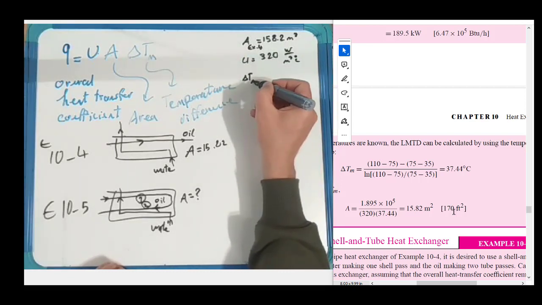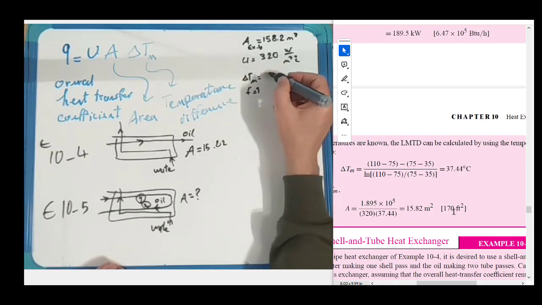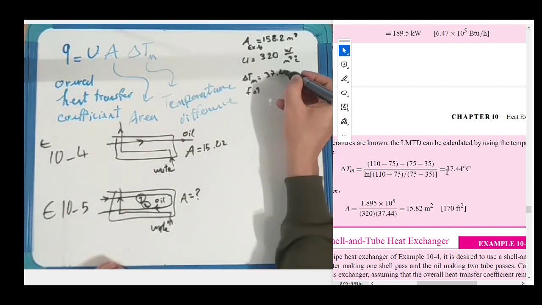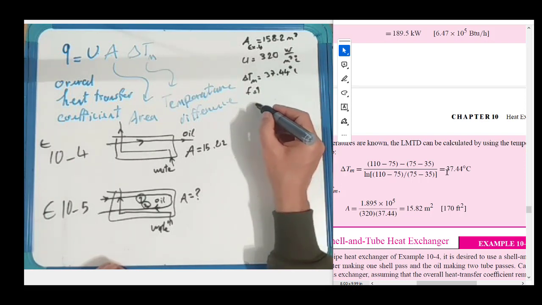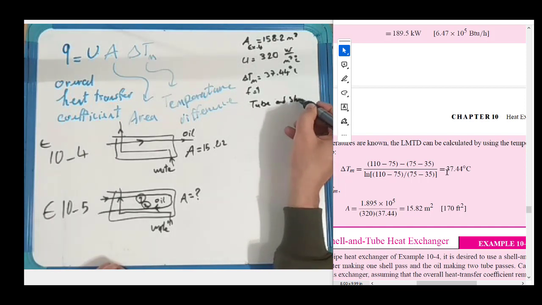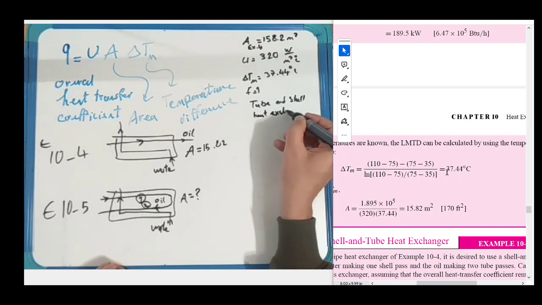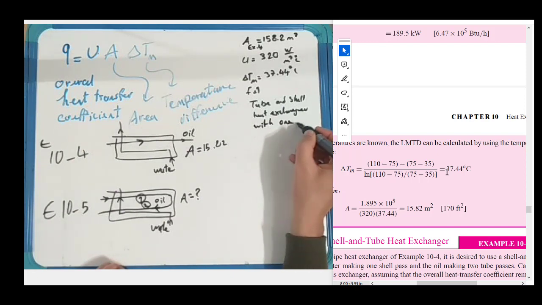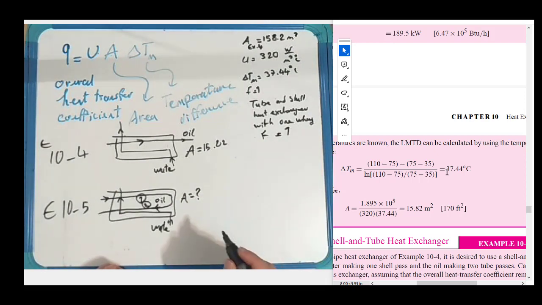Delta Tm, F is 1. Delta Tm was, as you can see here, 37.44 degrees Celsius, and F is 1 because for a tube and shell heat exchanger with one way, F equals 1 always.